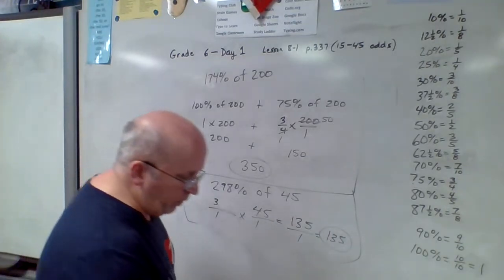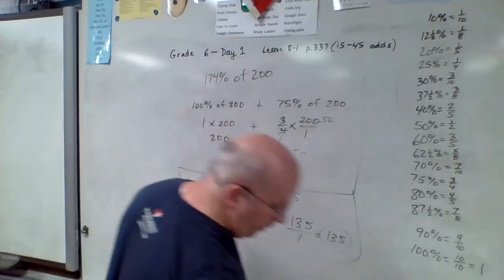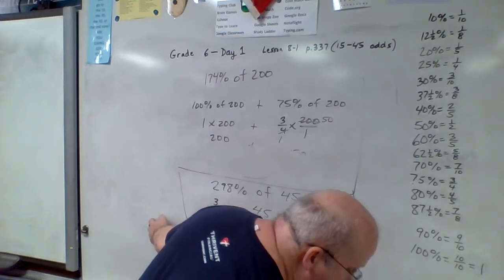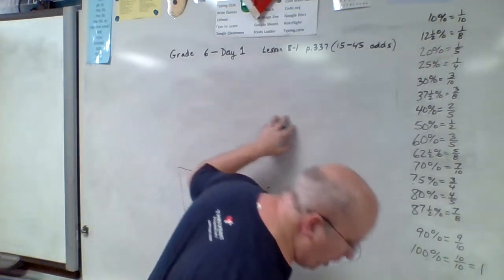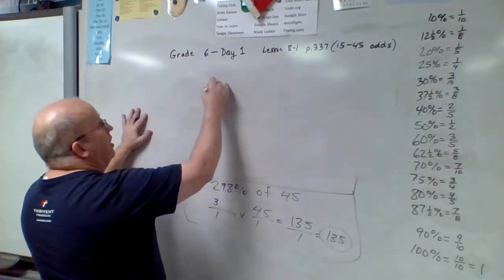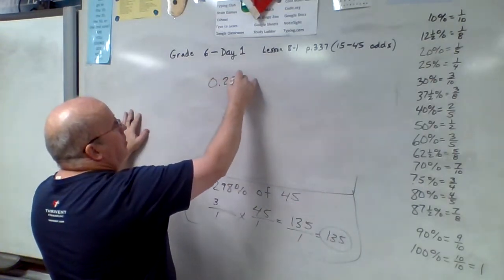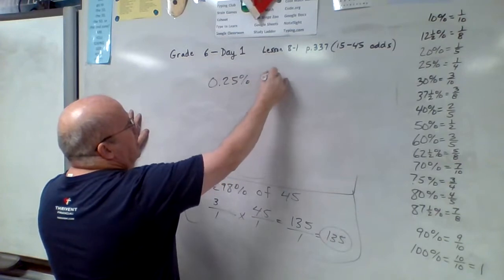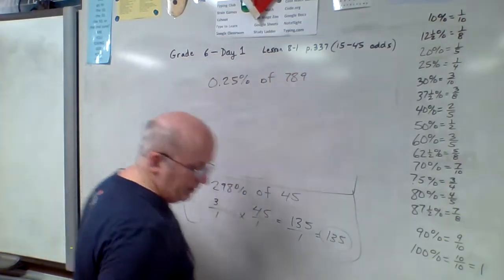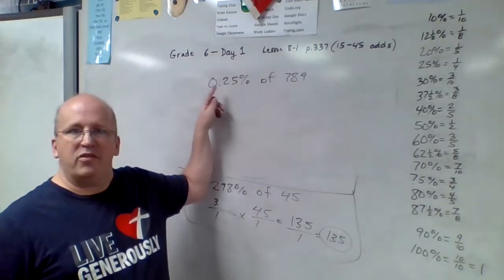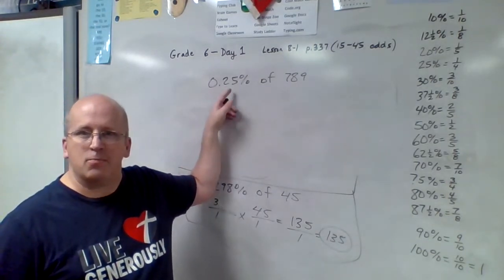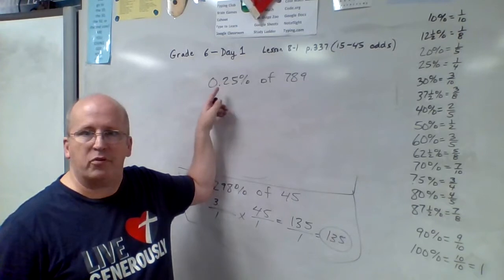The next type of problem, example problem green dot I, says 0.25% of 785. Nope, I'm sorry, of 789. Realize, please, that this percent is smaller than the number 1%.